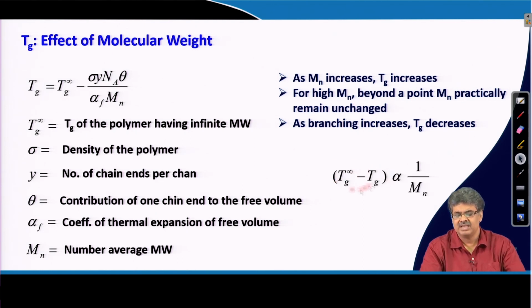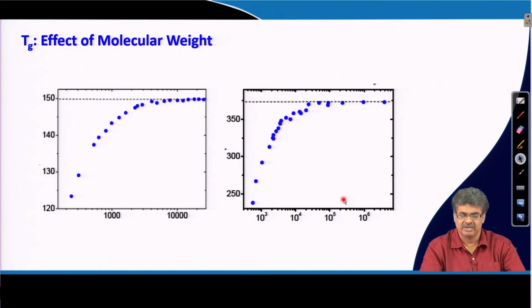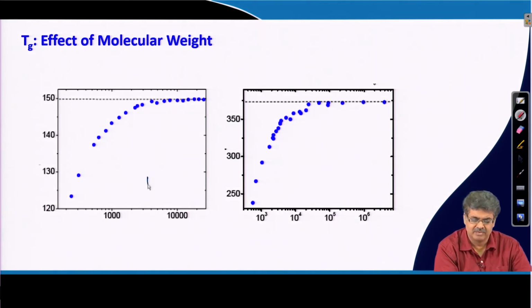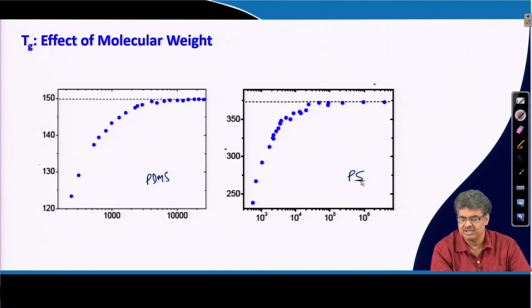So, effectively the difference between the Tg of infinite molecular weight and the particular Tg is inversely proportional to molecular weight. As the molecular weight increases, we approach a limiting value of Tg, which is for infinite molecular weight.